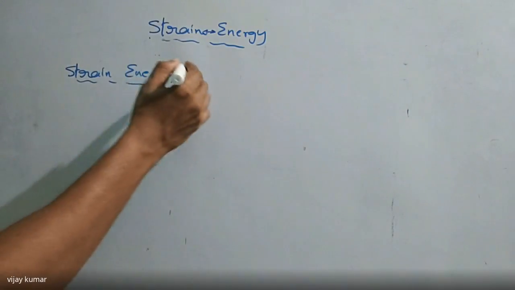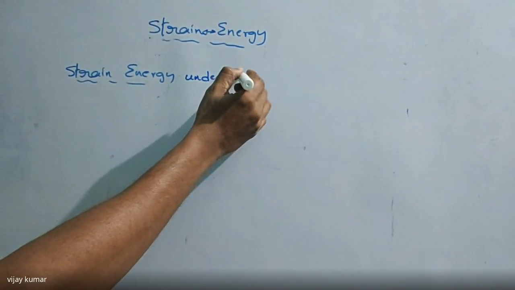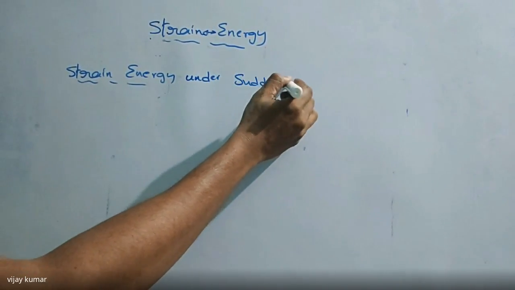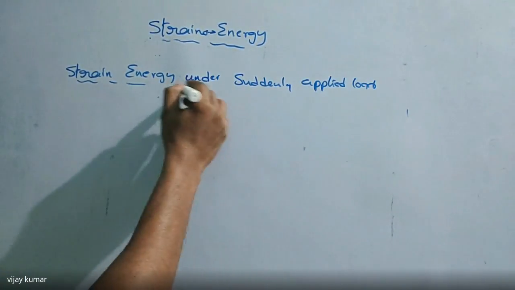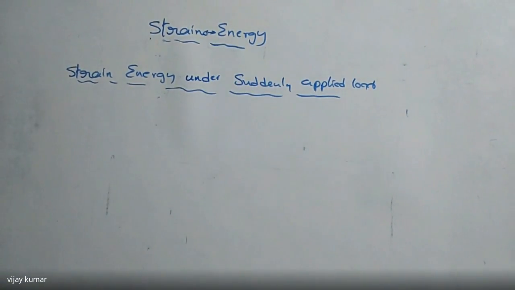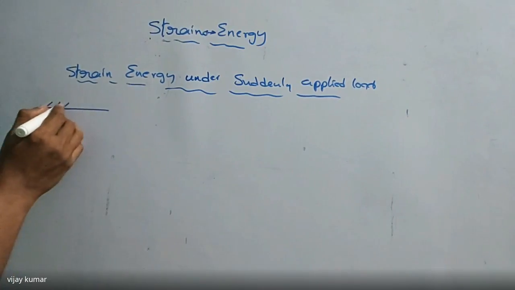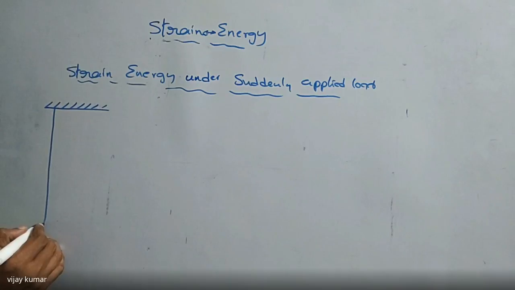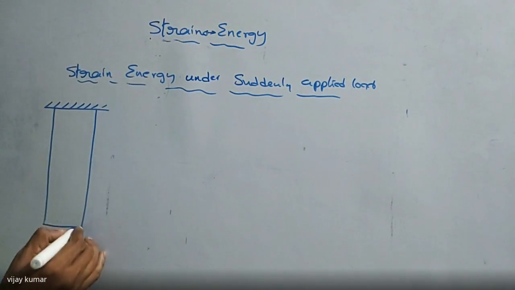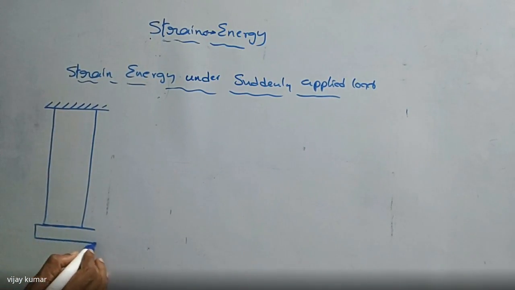So here, strain energy under a suddenly applied load. I am taking here this bar, the same as in the previous case. Here we are going to add some weight suddenly.